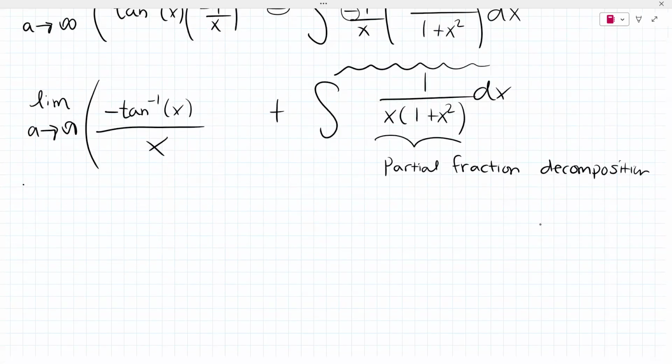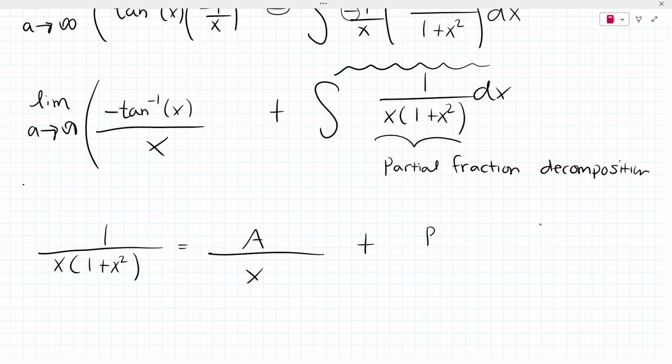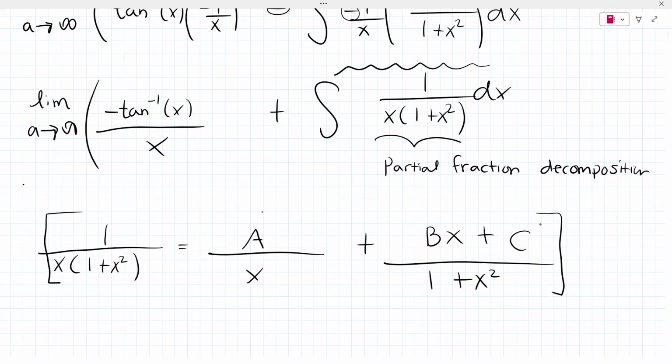So 1 over x times 1 plus x squared equals A over x plus Bx plus C over 1 plus x squared. Because the denominator 1 plus x squared is quadratic, the numerator is linear, so I put Bx plus C, and for x the numerator is a constant A. Then I get rid of the fractions by multiplying both sides by the LCD, x times 1 plus x squared.